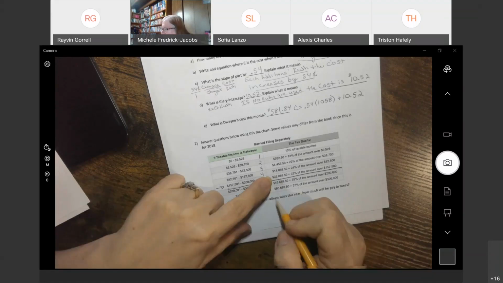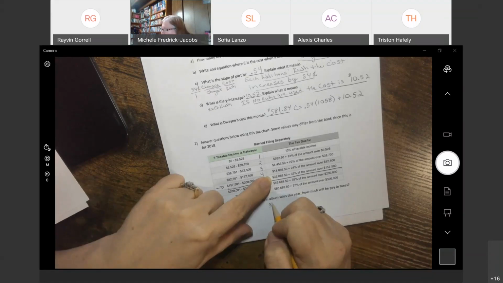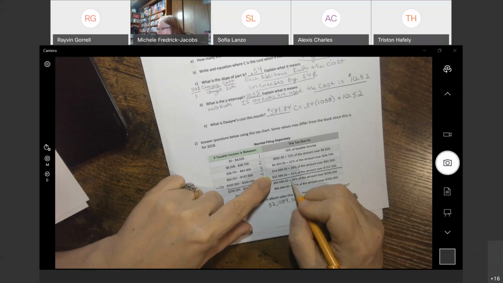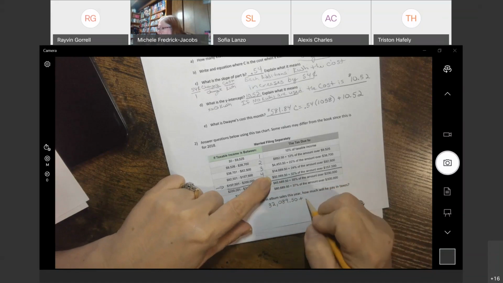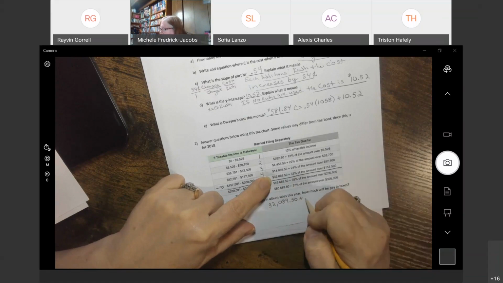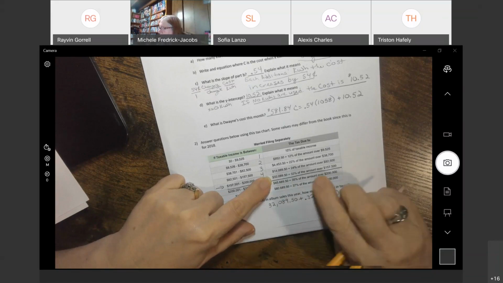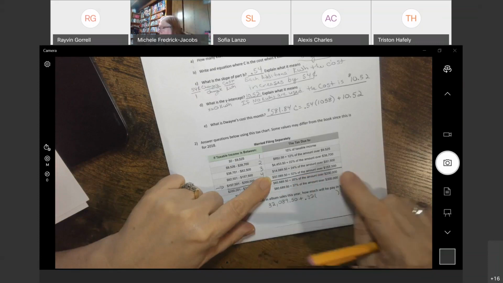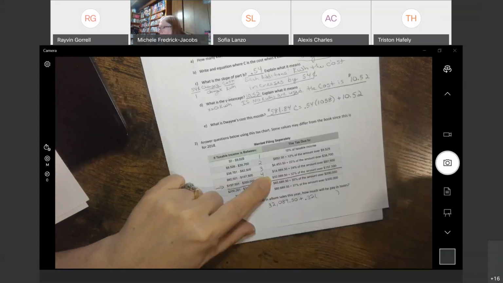So what it says is he's going to pay $32,089.50 plus 32%. 32% as a decimal would be 0.32. 32% of means multiply the amount over 157,500.